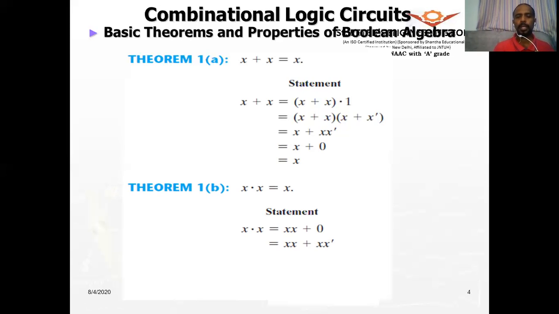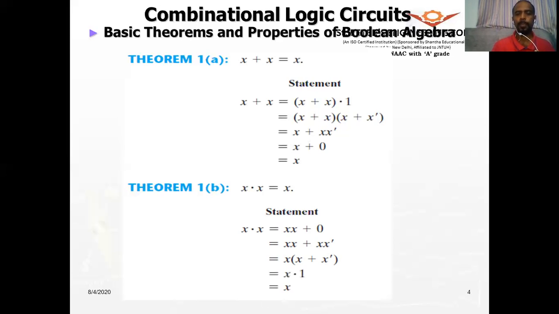We know the postulate x AND x complement is equal to 0. So we bring x AND x complement there instead of 0. Now we take out x as a common factor, so we end up with x OR x complement, and you know that x OR x complement is equal to 1.